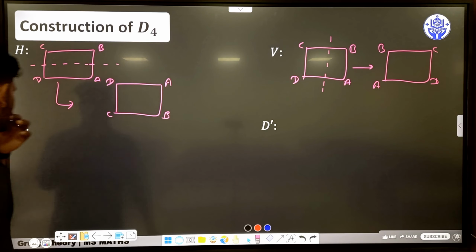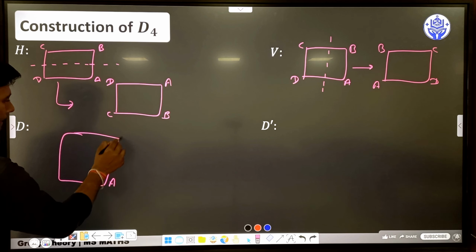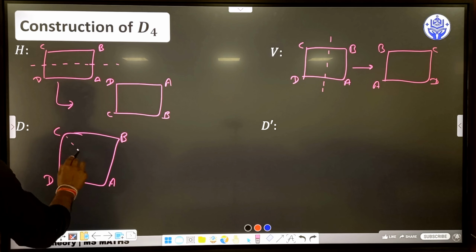This is vertical. Next is diagonal. Like this, A, B, C and D. Now diagonally, it is a diagonal.